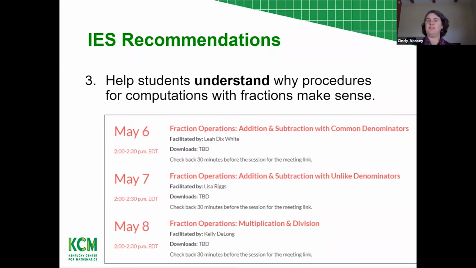Then we start using those numbers, and we add and we subtract and we multiply and divide, and we do all these operations, and students need to understand why they make sense, right? It can't just be this arbitrary dance of, wait, do I have any common denominators here or not? Do I cross multiply? We know that kids just get bogged down with all these rules about what to do when they see a fraction, and it doesn't work, right?